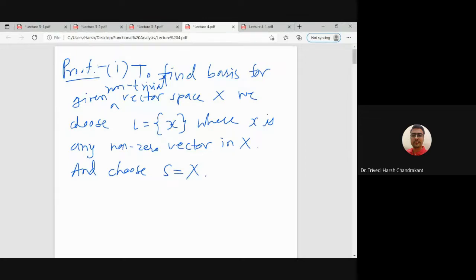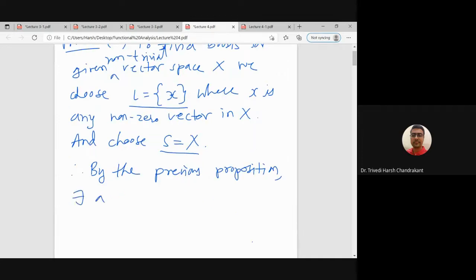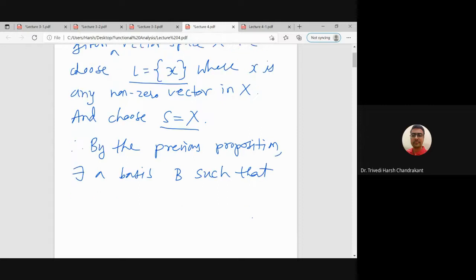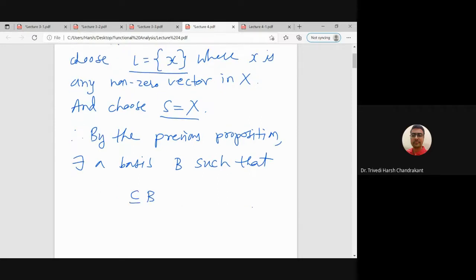So what we know is this: this set is linearly independent, the other set is a spanning set, and therefore by the previous proposition there exists a basis B such that this basis contains L. So L is the singleton set and it is a subset of X. It is a subset of S, but S is X.